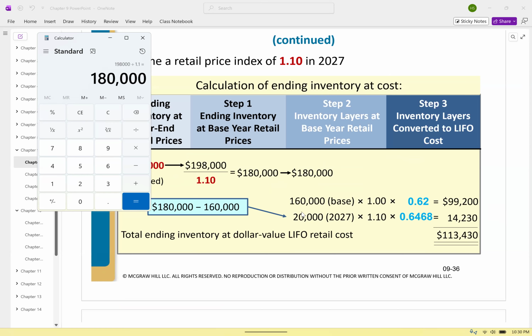Then we needed another 20,000. That's our 2027 layer. Multiply that times 1.10 and then times 0.6468. Then we add those two together. That is our ending inventory at the dollar value LIFO retail cost.